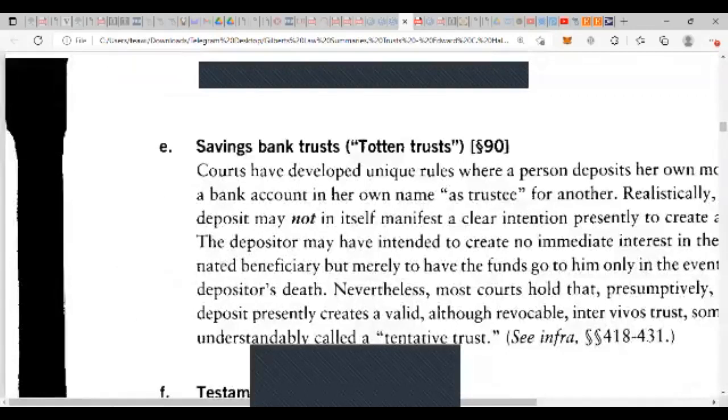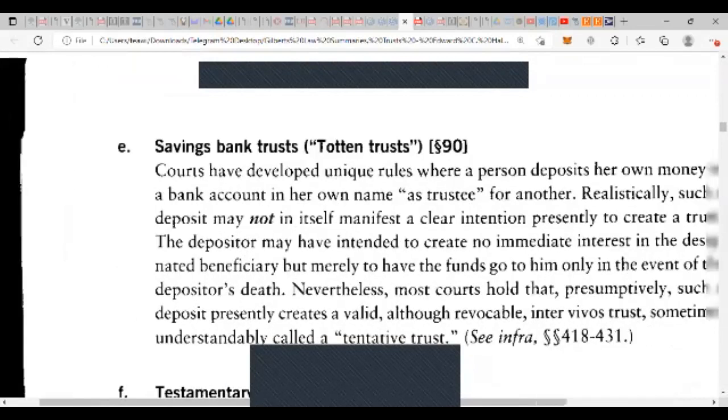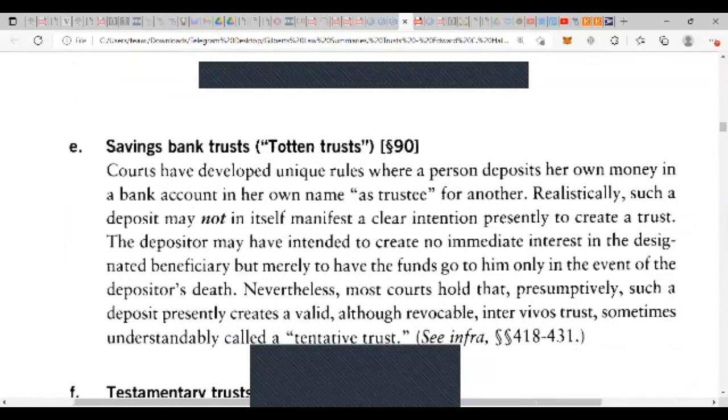E, Savings Bank Trust, Totten Trust, Section 90. Courts have developed unique rules where a person deposits her own money in a bank account in her own name as trustee for another. Realistically, such a deposit may not in itself manifest a clear intention presently to create a trust.